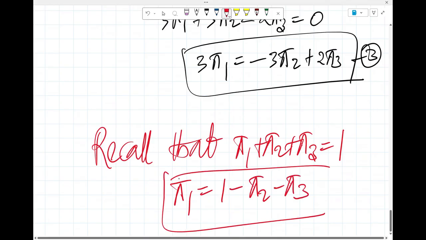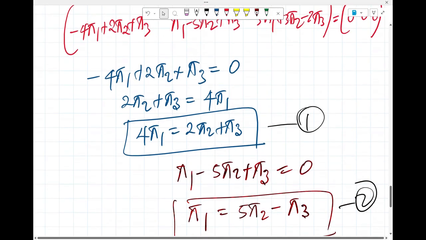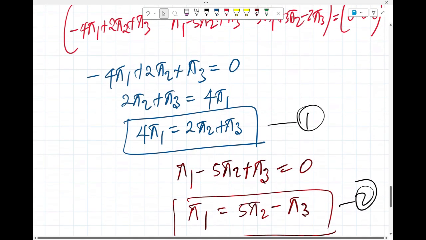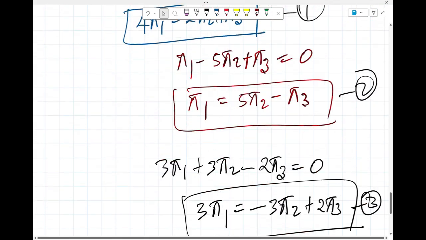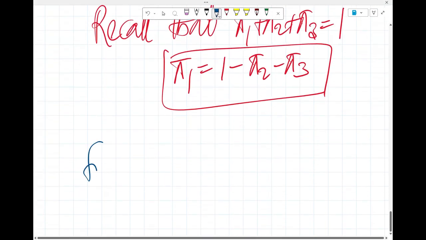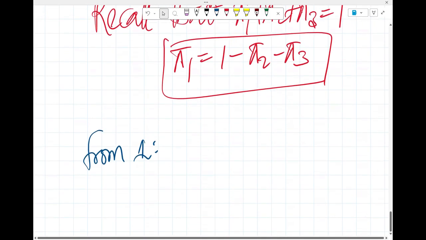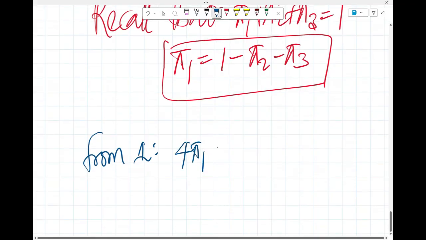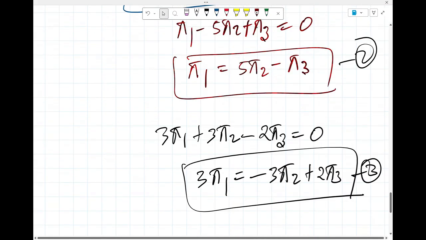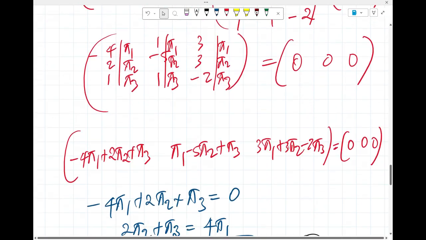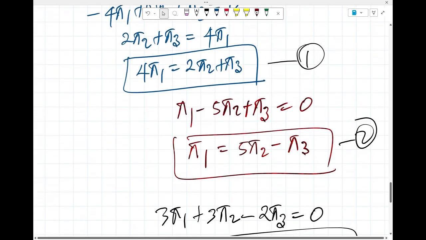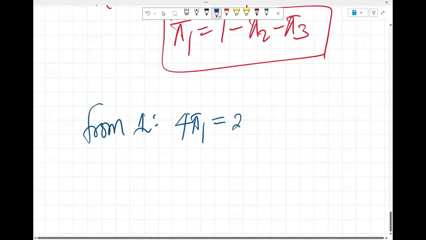This is a very crucial expression here. So we can then go back to equation 1. From 1, we have that 4 pi 1 is equal to 2 pi 2 plus pi 3.